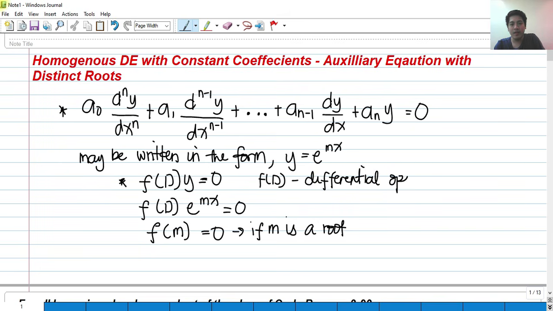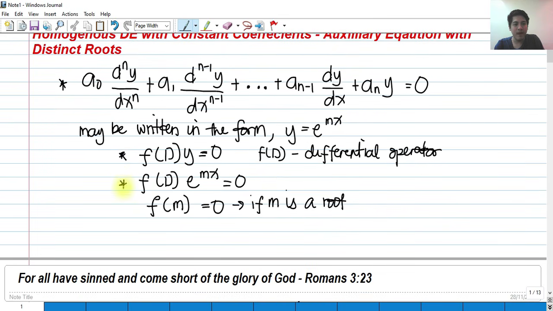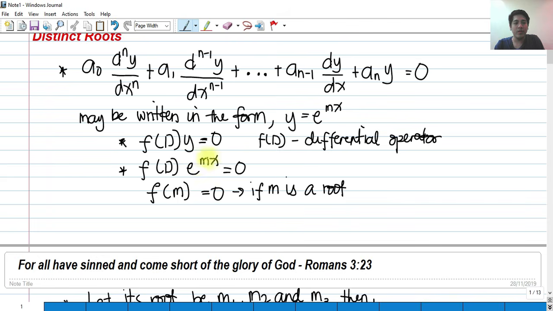And if we let y is equal to e raised to m multiplied by x, we have f of d multiplied by e raised to mx is equal to 0. And if we substitute f of m in place of the differential operator d, we'll have f of m is equal to 0 if and only if m is a root.